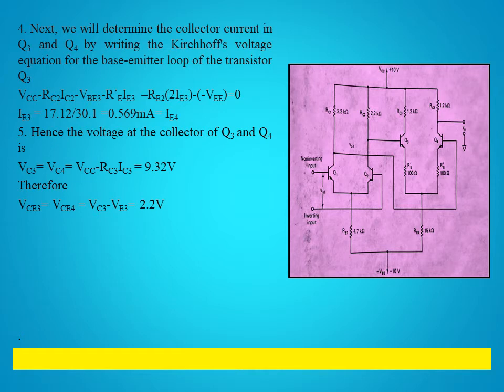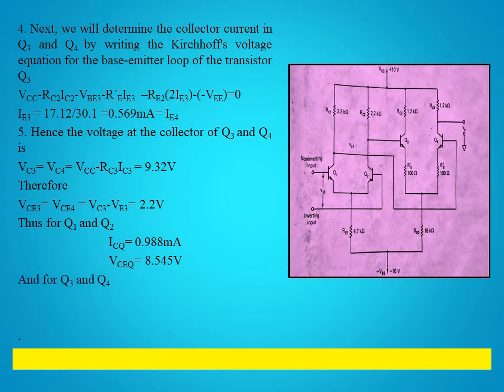Now it is to be seen that what we have calculated here, IE3, which is basically the operating point IC, and VCE, which is the second operating point in DC analysis. So finally what we get, for Q1 and Q2, ICQ is 0.988 milliamperes, VCEQ is 8.545 volts.